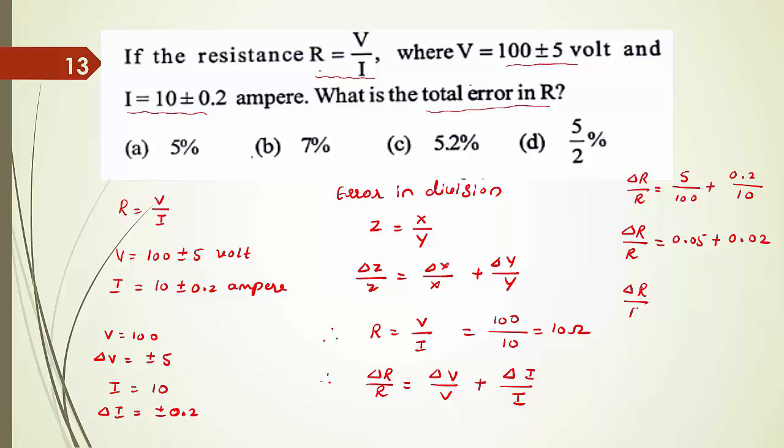By adding these values we will get the answer 0.07. But we want a percentage error because all the options are given in terms of percentage. So 0.07 into 100 gives 7%. So this is the total error present in the resistance R. 7% means option B is the right answer.